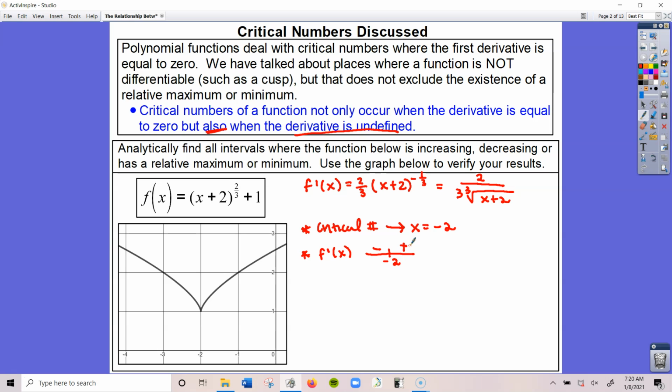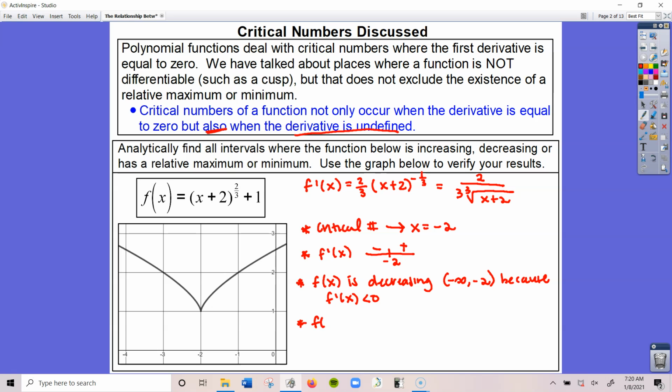Now, let's determine all of our intervals of increasing and decreasing behavior. So we would say that f of x is decreasing on the interval negative infinity to negative 2 because f prime of x is less than 0.